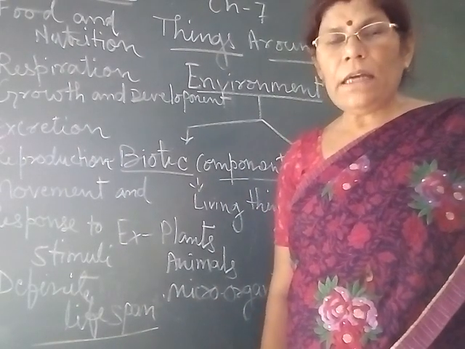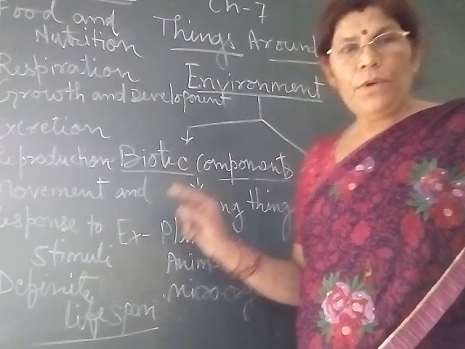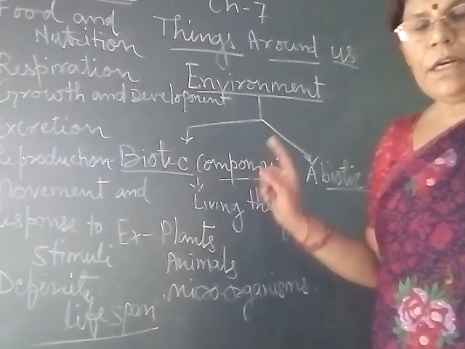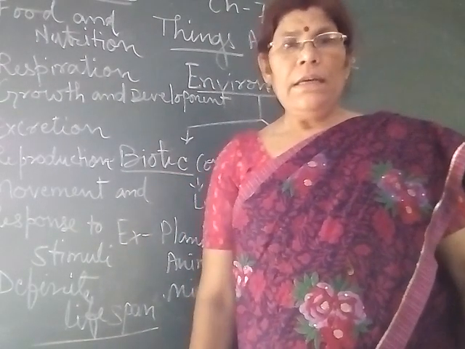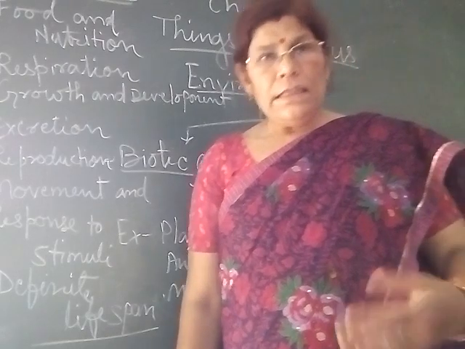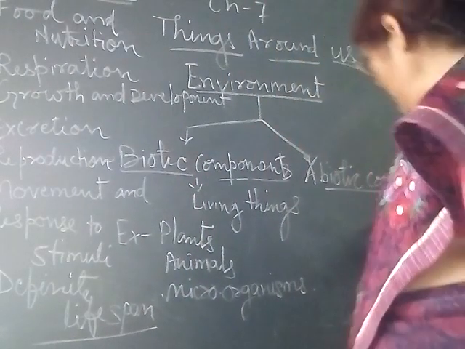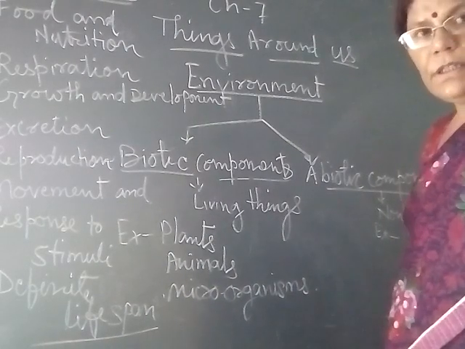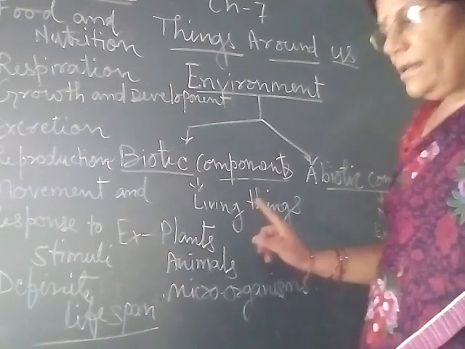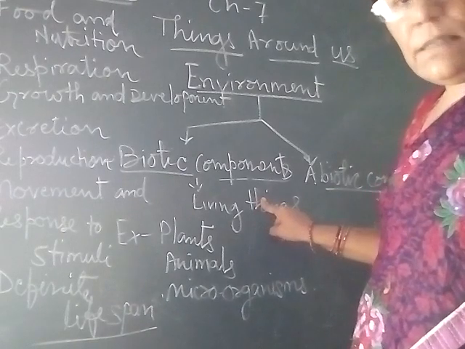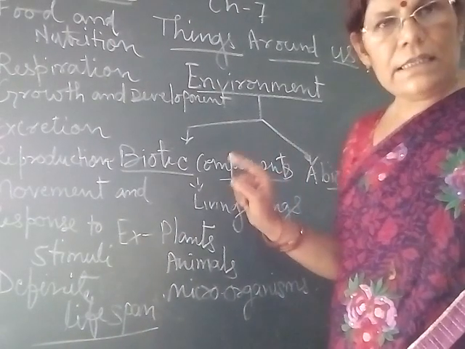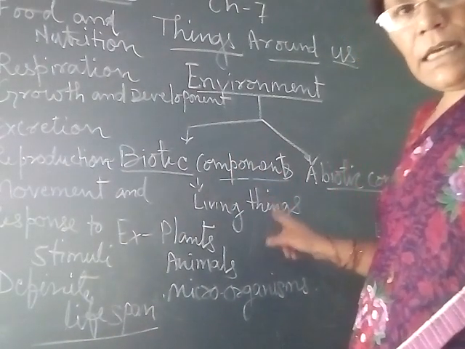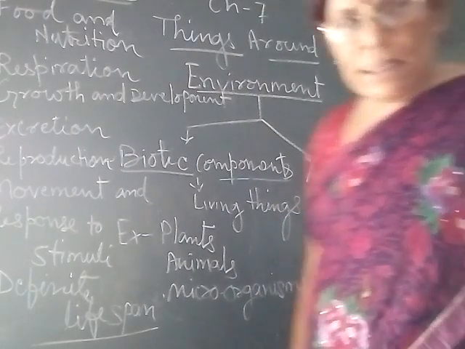Without non-living things, the living component or biotic component cannot survive. In the same way, the non-living components of our environment are dependent on living things for their existence. Without living things, they cannot exist.